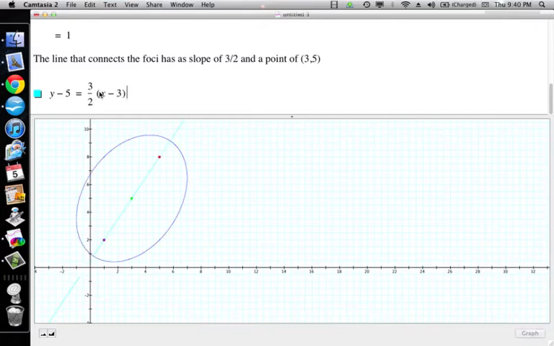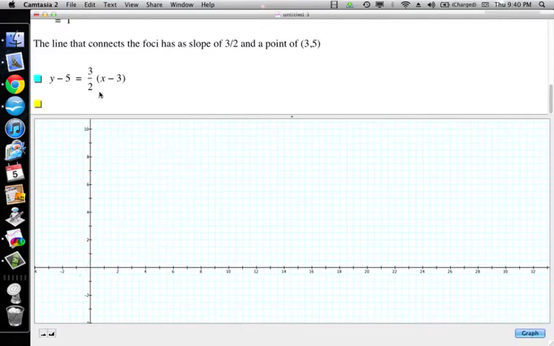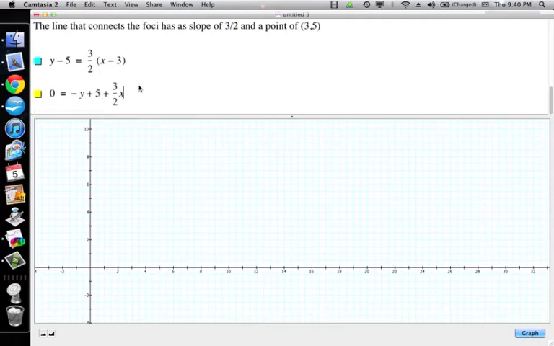Okay, good. Now I want to rewrite that as 0 equals negative y plus 5 plus 3/2 x minus 9/2. Okay, got the same line.